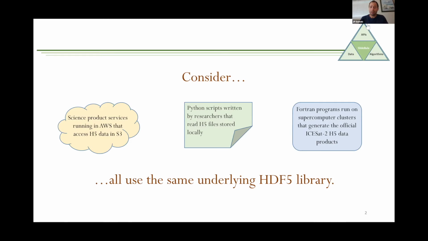And we have Fortran programs that run on supercomputers and generate H5 products for us. In all three cases, they use the same underlying HDF5 library, even though the environments and use cases are very different.